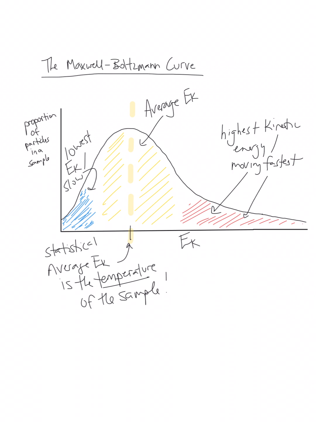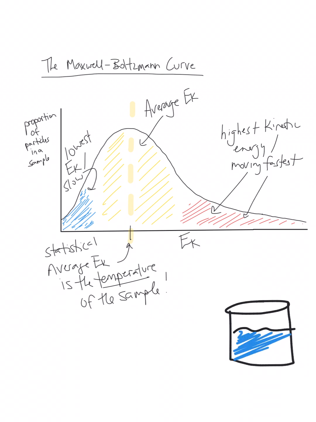What it actually shows in the Maxwell-Boltzmann curve is that if we have a sample of matter, so let's say just imagine a beaker full of some sort of fluid that is going to react, okay? What it's trying to say is that every molecule in that sample is not moving at the same speed.